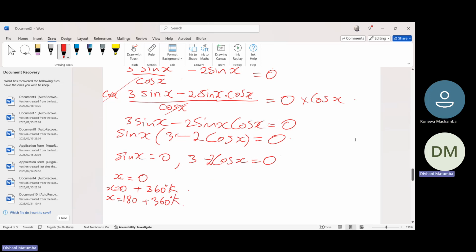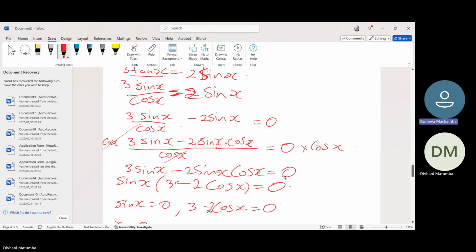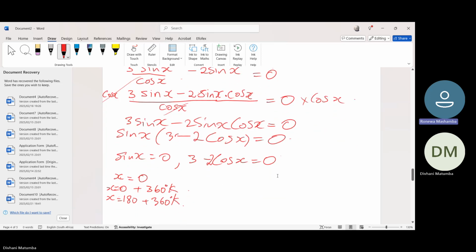And then on that side, we can take the 3 to the other side, which is going to be negative. It's going to be negative 2 cos x is equal to negative 3.